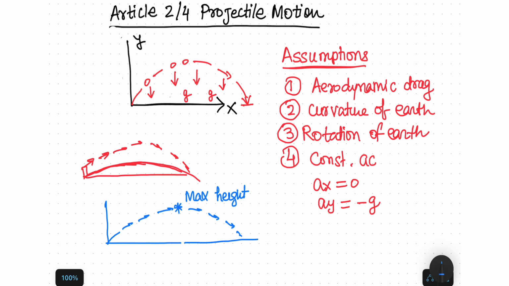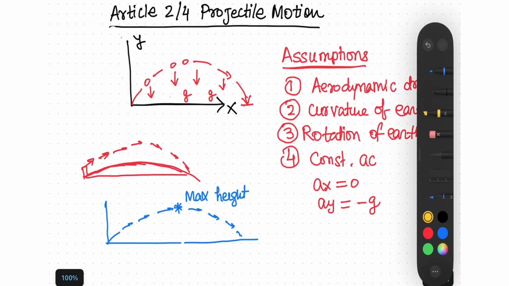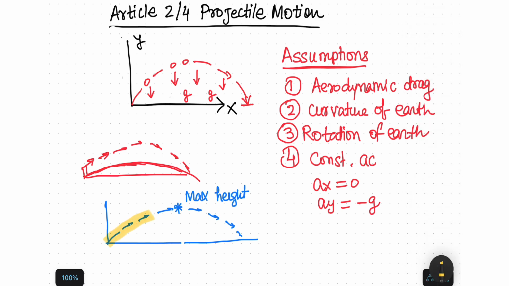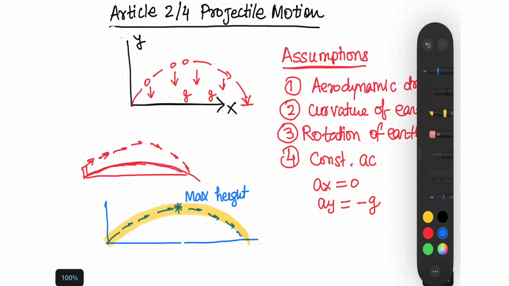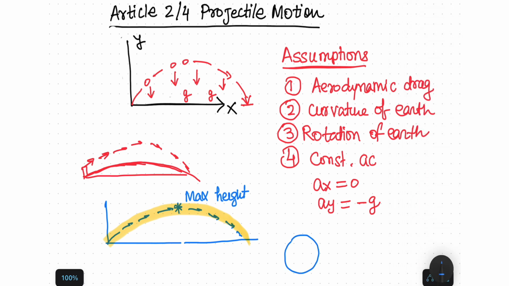Here you can see that this motion is not a perfect circle or semicircle. For example, if I say this is a circle, and this is a half semicircle, this projectile motion is not a semicircle.